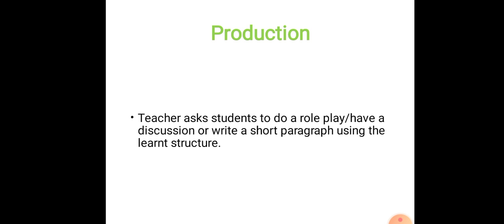It refers to when the students try to produce the target language, try to be productive and creative. So the teacher asks students to do a role play, have a discussion, or write a short paragraph using the learned structure.